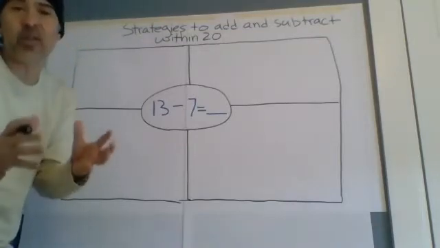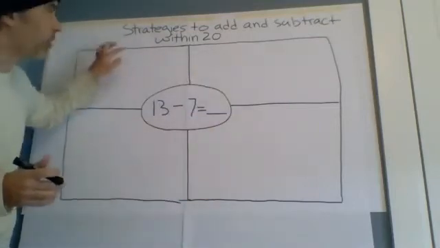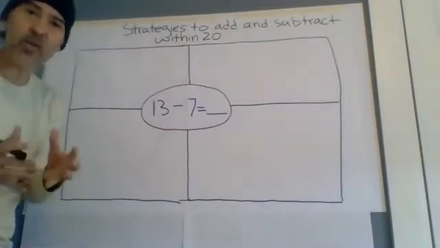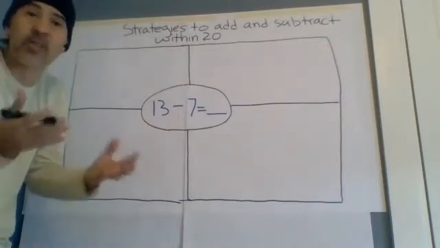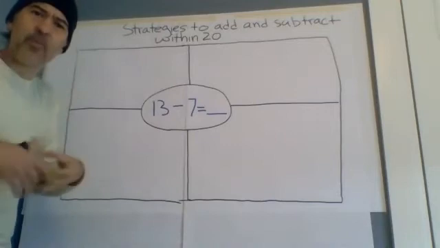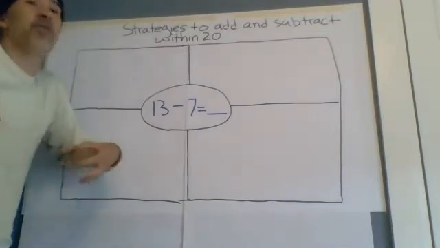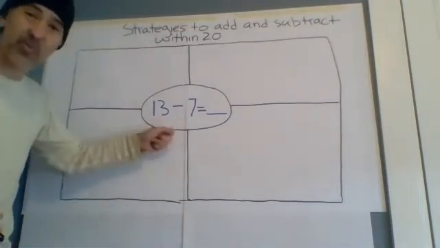One of the ways I do that is I draw this placemat with these 4 empty spaces. The reason I do that is when I look at this equation, 13 minus 7 equals something, to build my flexibility, to build my fluency, I want to learn and develop as many different strategies as I can to tackle this problem.